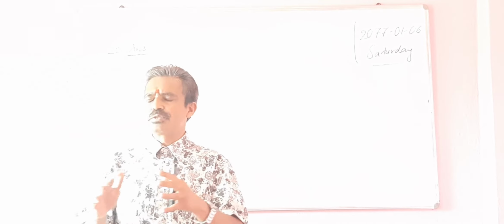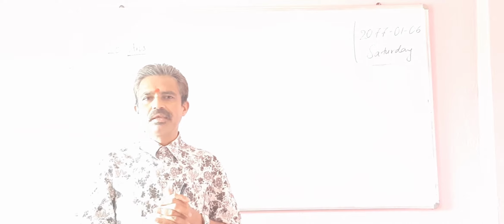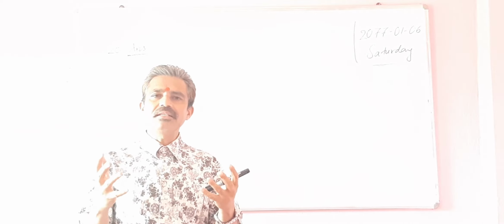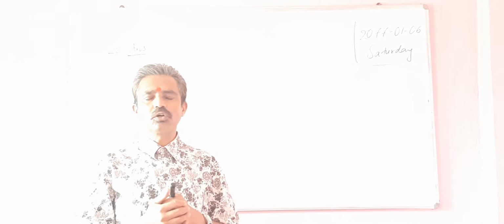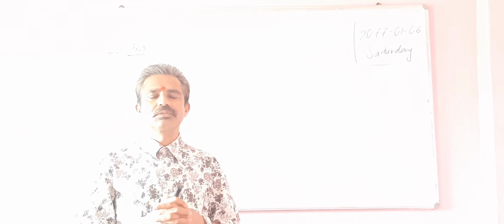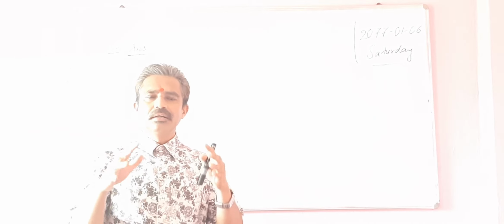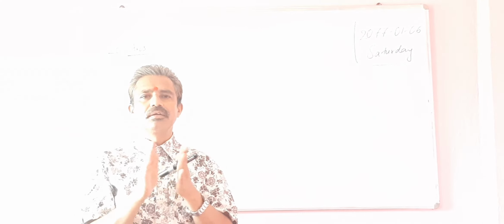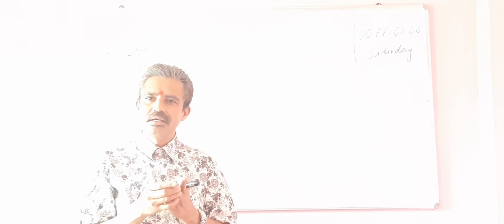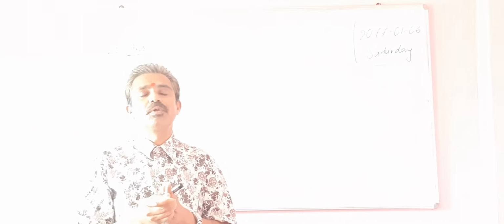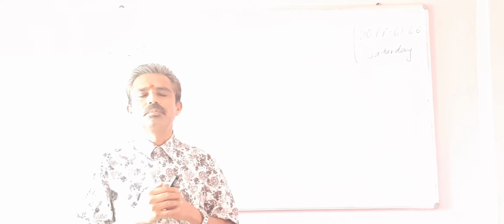And when the air is polluted, at that time, what happens? The plants, they do not get sufficient oxygen, they do not get sufficient carbon dioxide, and their leaves are covered with some sticky substances, and they may not be able to respire.